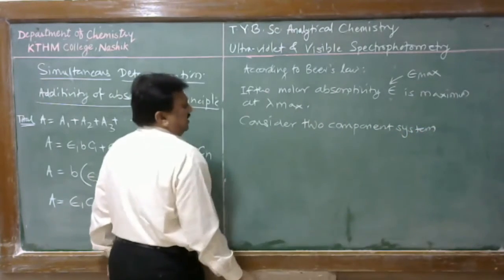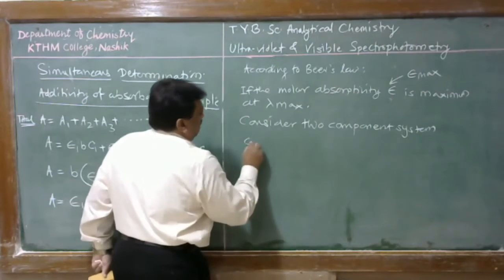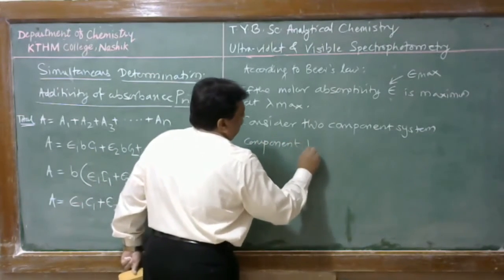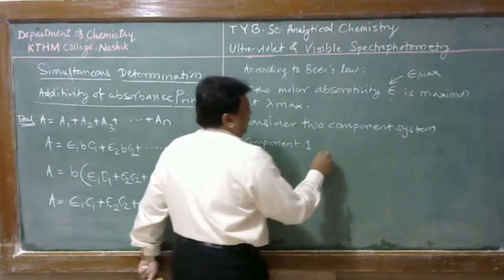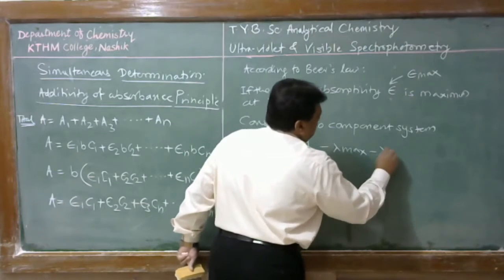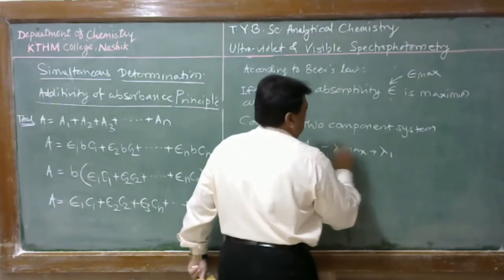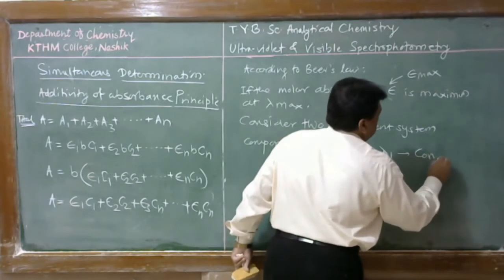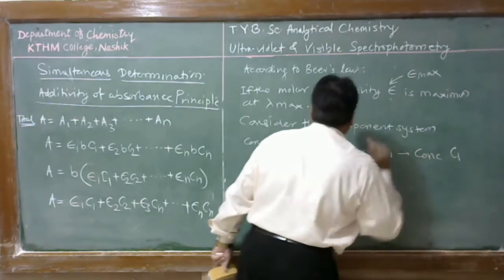In this case, suppose we have the first component, its lambda max is lambda 1 and its concentration is C1.